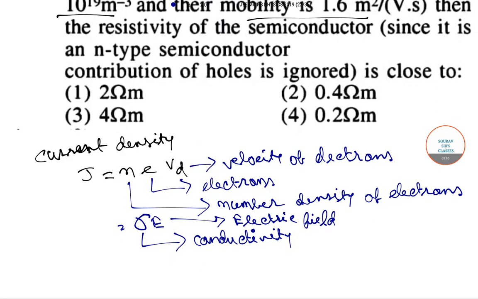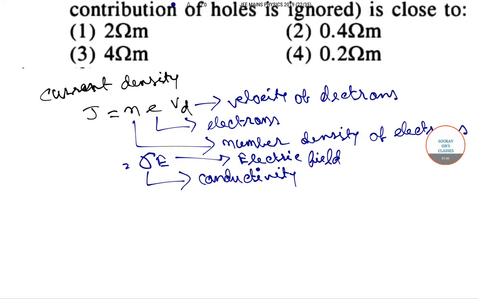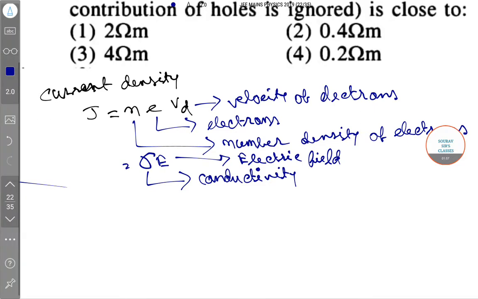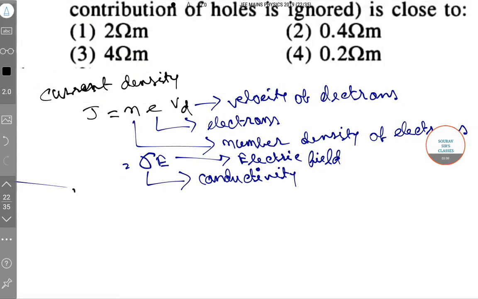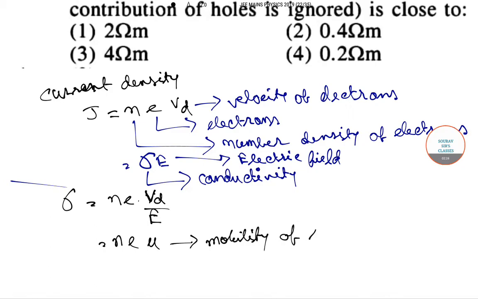So we have sigma equals Ne into Vd divided by E, in terms of the number density of electrons and the velocity of electrons. So this is Ne mu, where mu is the mobility of electrons.